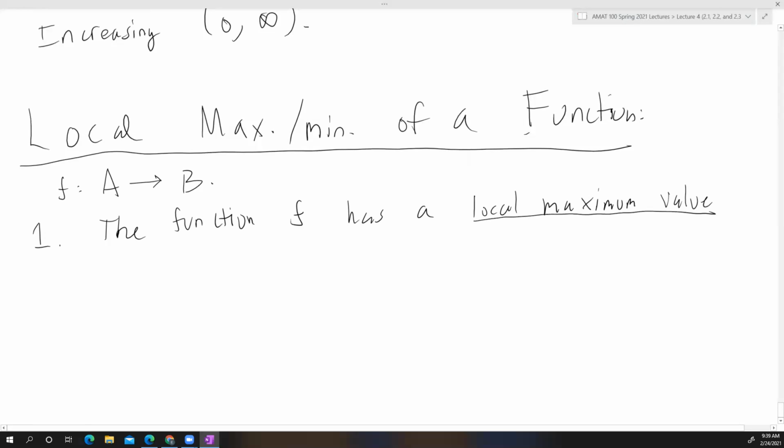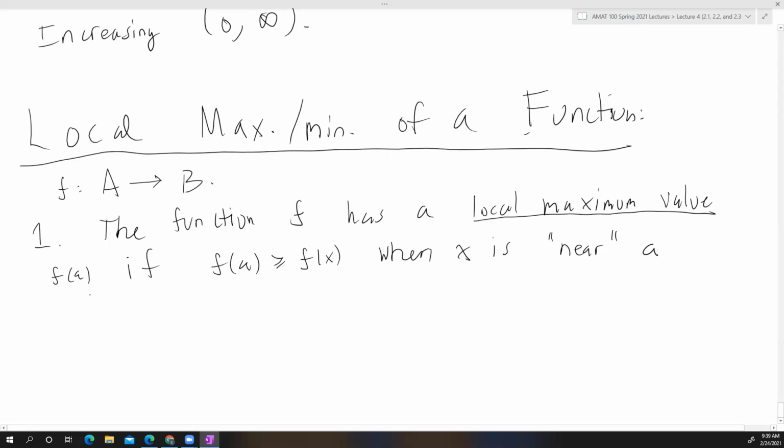It'll be clear what we mean by local in a second. And so that local maximum value is f of a for some fixed number a, if f of a is greater than or equal to f of x when x is, and I'll put this in quotation marks because this is a precise term, near a.